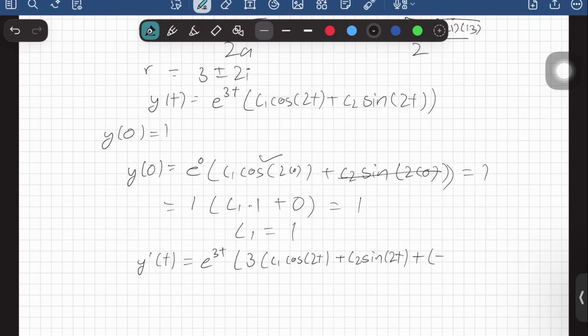If we differentiate the other part of the equation, when we differentiate cosine that gives us negative sine, so that'll be negative 2c1 sine of 2t. And when we differentiate sine, that gives us a cosine, so that'll be plus 2c2 cosine of 2t.